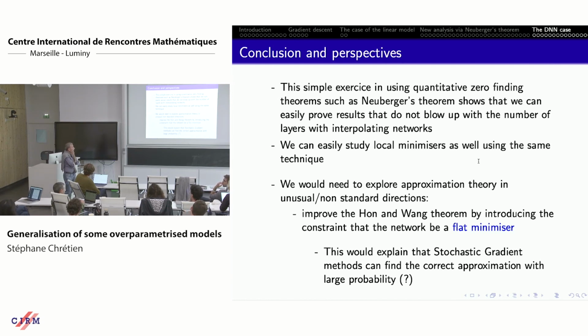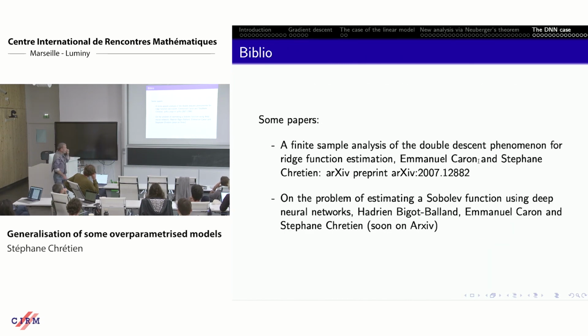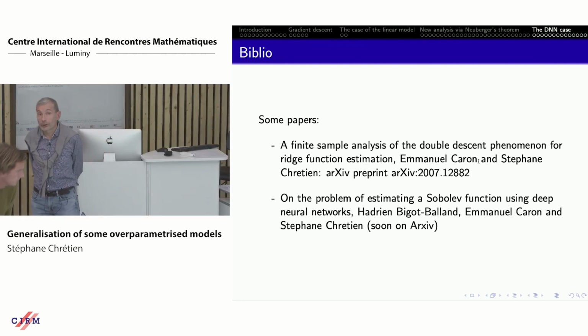And this is all I think that you can prove about neural networks, because it's so highly non-convex. If you don't prove that you have connectivity of the minimizers, of course, you will never be able to prove that it's going to land in the exact thing that you've provided. But at least if it's flat, it gives you more chances of thinking that there is a chance you can land there. So some papers: one is available on the archive, and the other is going to be completed soon with the Sobolev norm. Thank you very much.